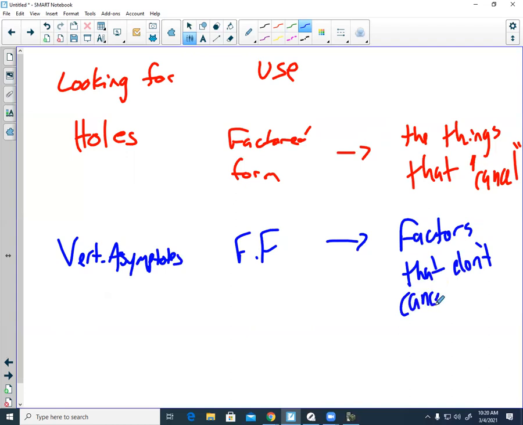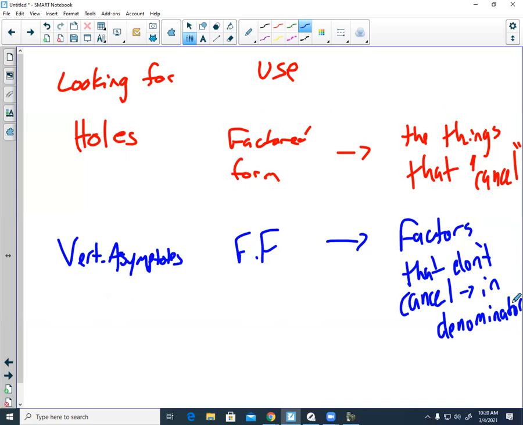I'm also going to put in the denominator, because the top is okay to equal 0, the bottom is not okay to equal 0. Okay? So if you're looking for holes or vertical asymptotes, you look at the factored form. That's the straightforward way of saying it. Now the tough part is if they don't give you the factored form, you have to find the factored form, right? And that's the part that's going to be a little bit trickier.